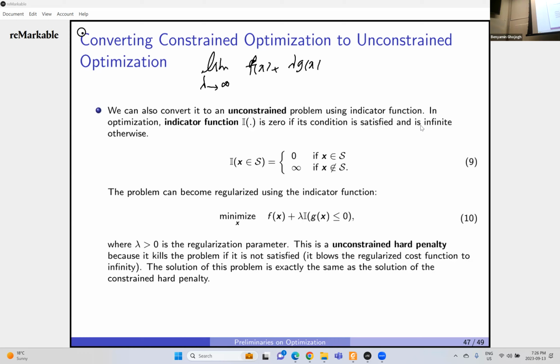I don't want to ignore my f of x. You shouldn't make lambda too big, otherwise it almost disappears. It almost is ignored.